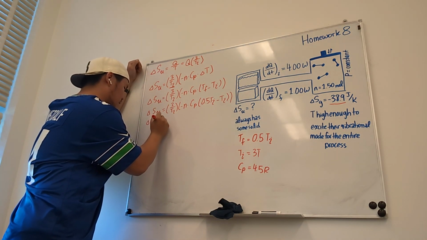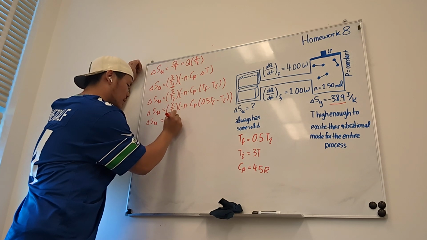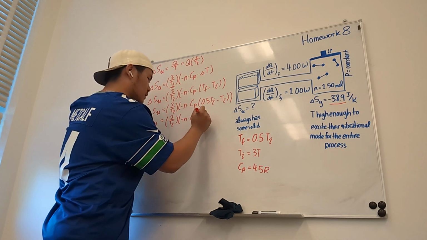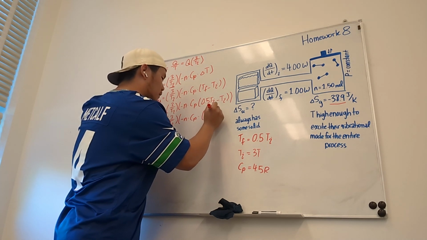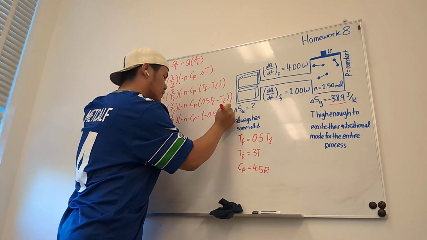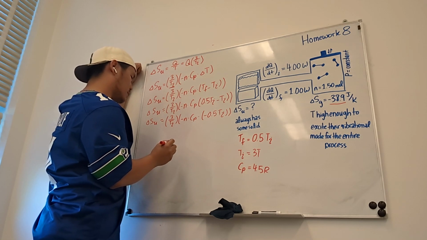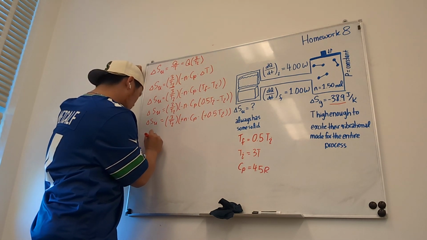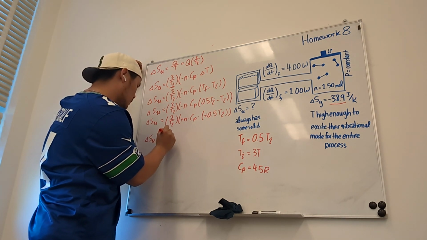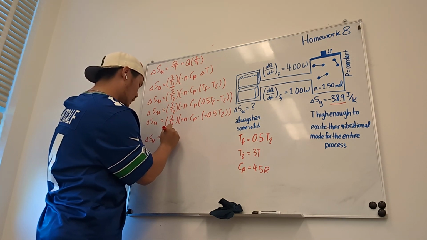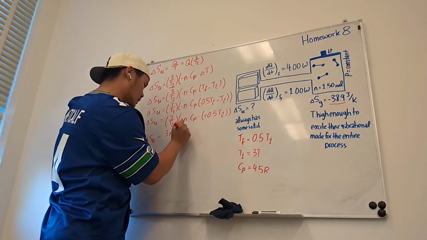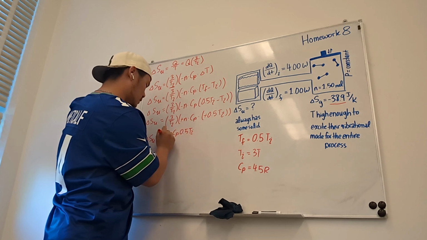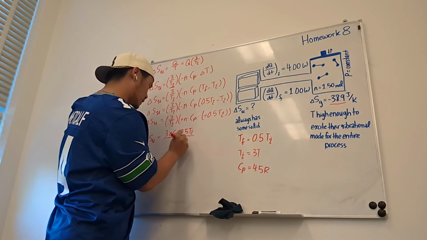Delta S U is equal to 3 over Ti, negative N Cp, negative 0.5 T initial. And that comes all out too. These negatives cancel. Delta S U is equal to 3 N Cp times 0.5 Ti over Ti. Cancel those Ti's.